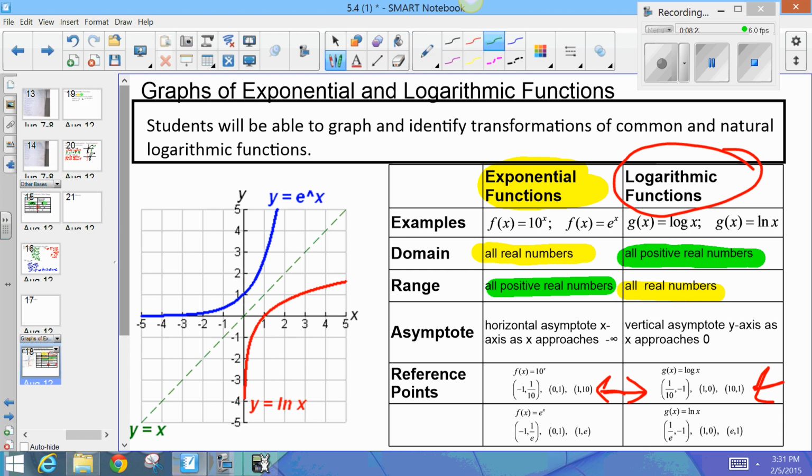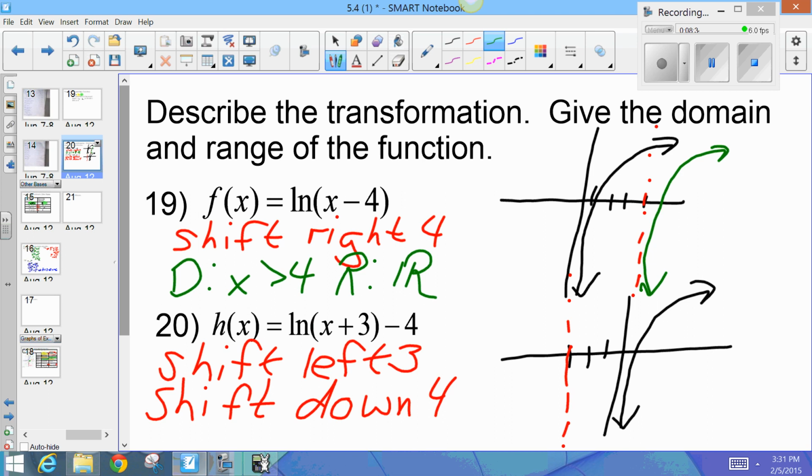The point that is here, at (1, 0), I should have said 0, negative 4. So that is going to be here.